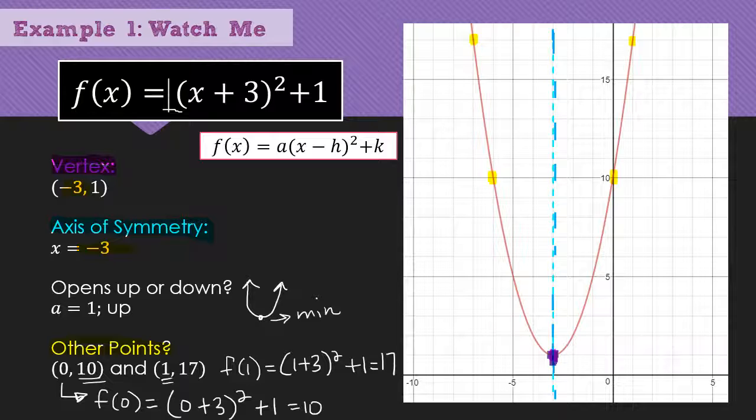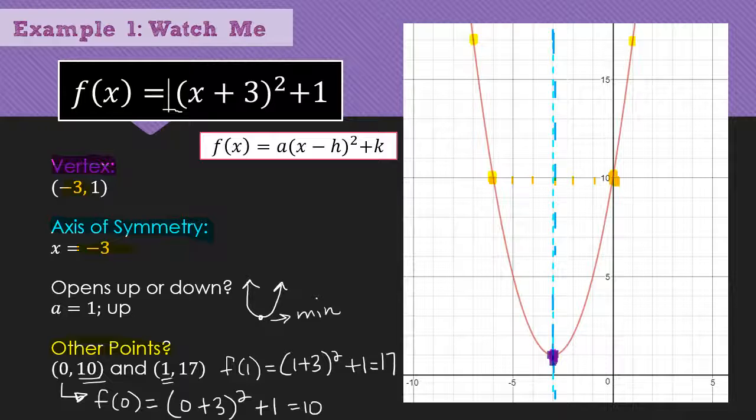Okay, so we found the point at 0, 10. So when I went to graph 0, 10, that actually happens to be my y-intercept as well. Since that is 1, 2, 3 spaces away from my axis of symmetry, if I go 1, 2, 3 spaces away on the other side, I'm going to get to my other point on the parabola.